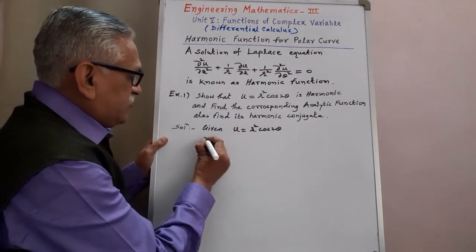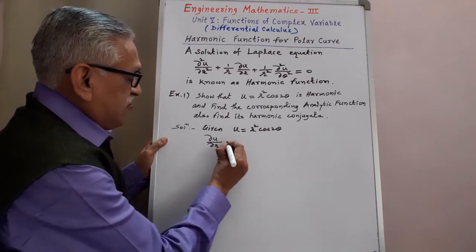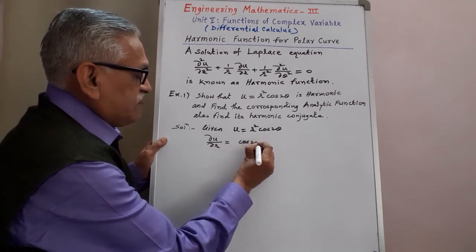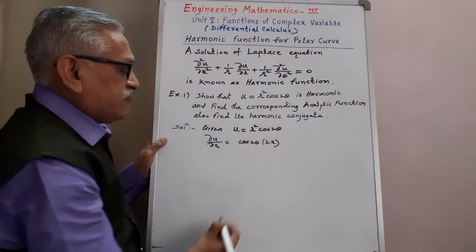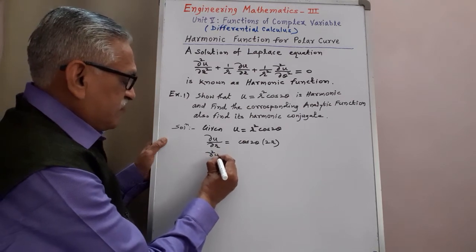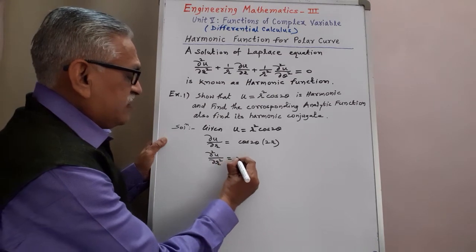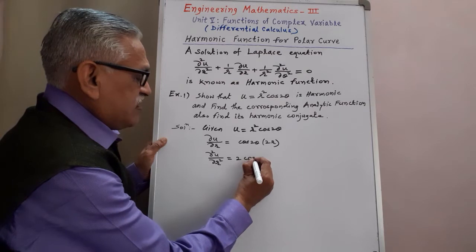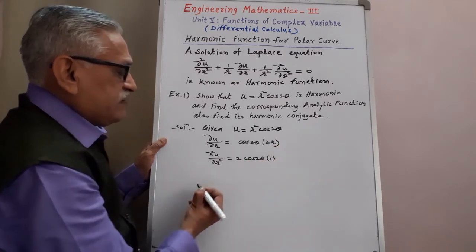Therefore, differentiating this with respect to r, we get cos 2θ as constant term and derivative of r² is 2r. Again differentiating with respect to r, we get 2 cos 2θ as a constant term into derivative of r with respect to r, 1.